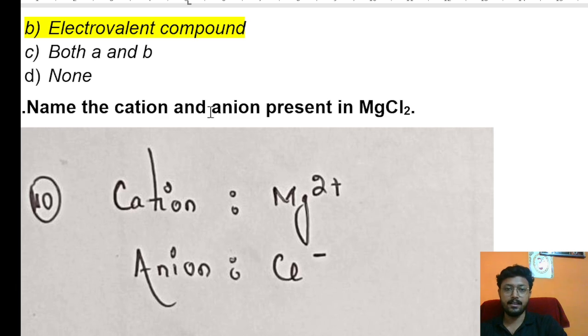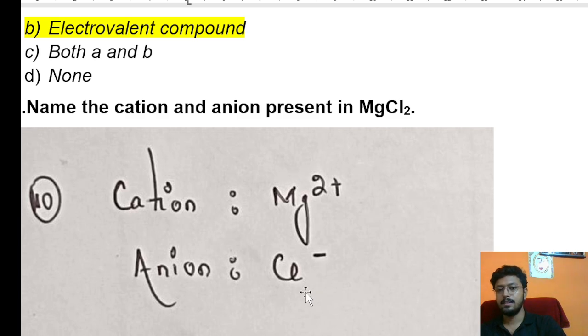Name the cation and anion present in MgCl2. Dear students, MgCl2 is magnesium chloride, right? Magnesium is the cation, it is a metal. It loses electrons, and that's why it develops a positive charge. Those substances that develop positive charge, you can say cation.